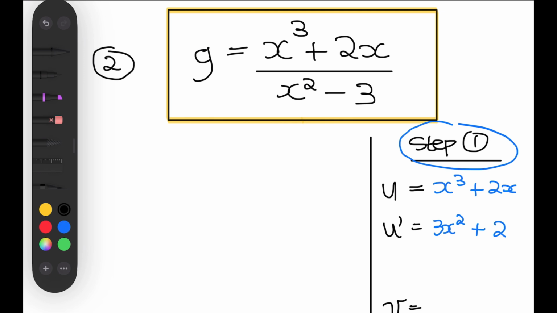And notice that when using the basic differentiation rule, I'm going to bring the power down. Thus, I have my 3. And then after that, I'm going to subtract my power by 1. Thus, I end up with 3x squared. And the same applies for 2x. I'm going to get 2.